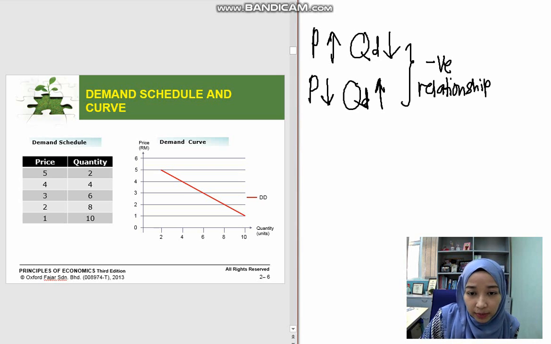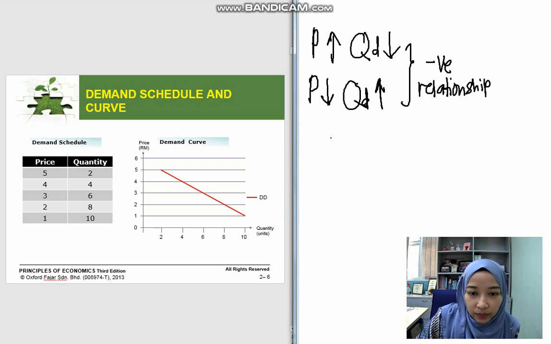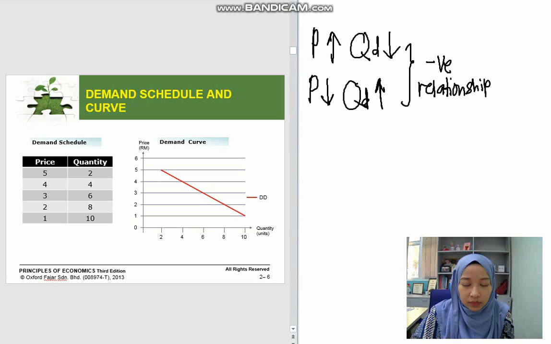Let's say you have a graph paper. Usually this kind of graph is plotted on graph paper so that it is more accurate. So let's say I put it here just to show you how to plot the graph.